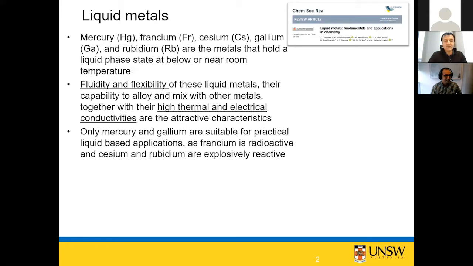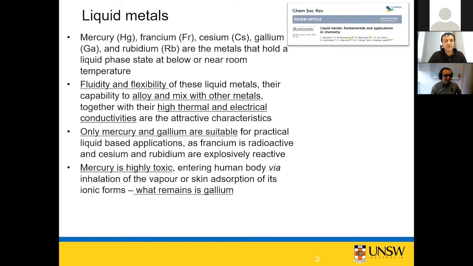More importantly, that I didn't write here, they have free electrons, and ions can move freely around this liquid as well, but free electrons are very important because they're metals. Only mercury and gallium are suitable for practical applications because francium is radioactive, and cesium and rubidium are explosive.